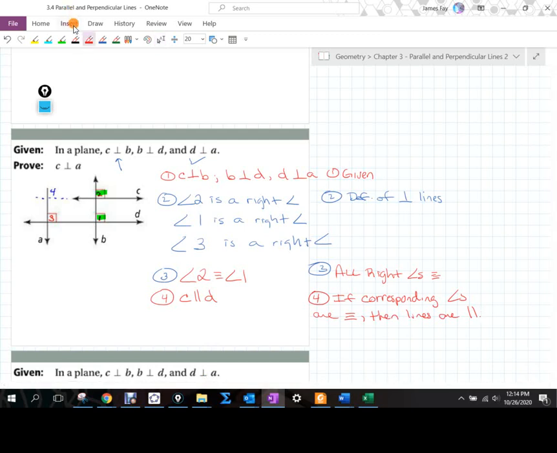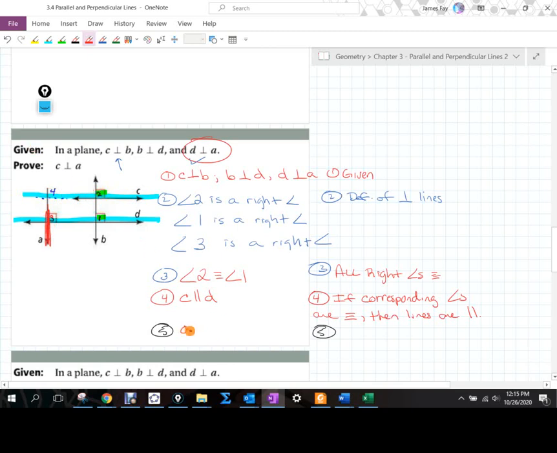Now here's where this becomes a little bit tricky to see, in my opinion. If I now have these two lines parallel, and A was perpendicular to one of them, A was perpendicular to D, which is this picture right here, just looking at part of A perpendicular to D. If I were to extend that, what's that tell me about A in relationship to C?